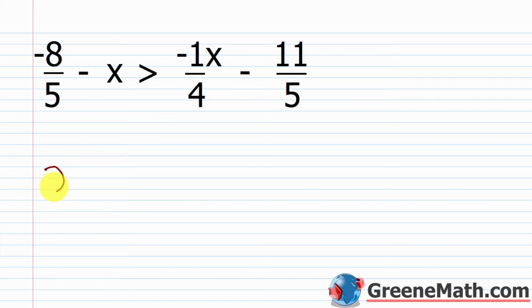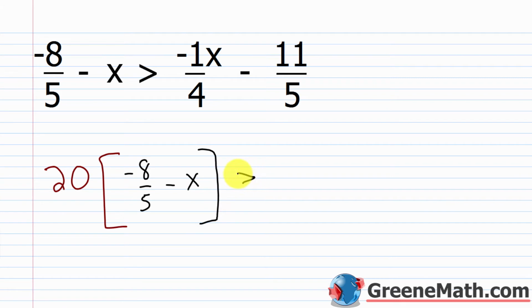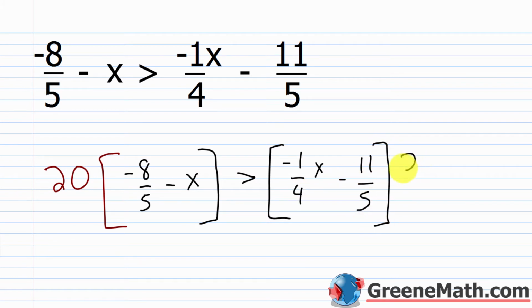So I can multiply 20 times the left side, which is negative 8/5 minus x. Remember to use brackets or parentheses, right? You got to multiply 20 by both terms. This is greater than, I'm going to use brackets over here, negative 1/4 times x minus 11/5. We're multiplying everything over here by 20 as well.